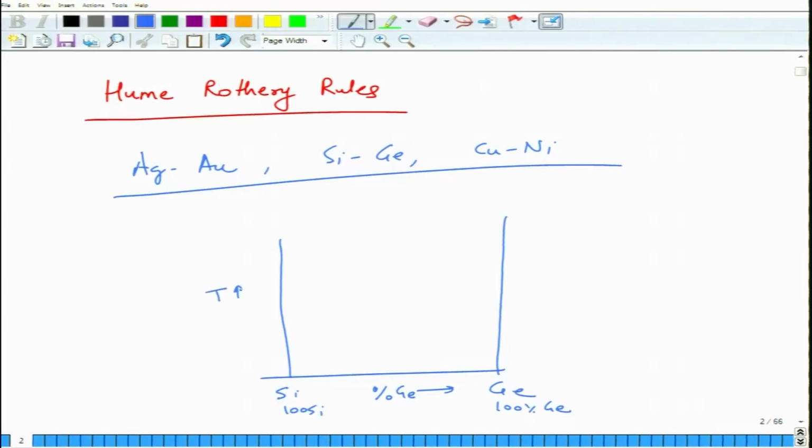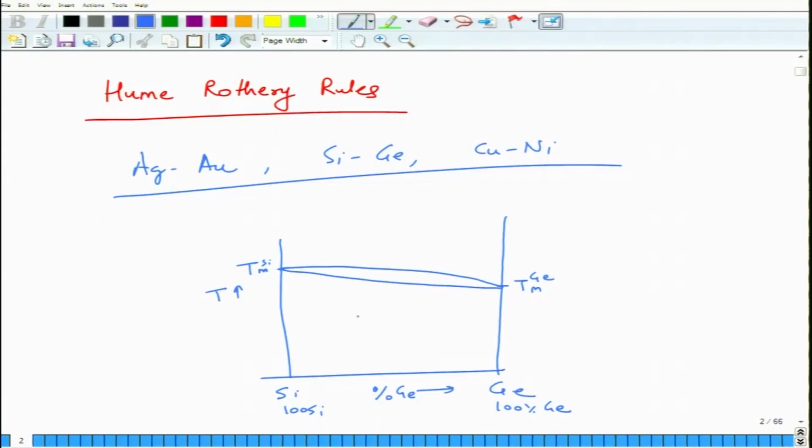Silicon has a melting point, let us say Tm silicon, which is nearly 1400 degrees centigrade. This is the germanium melting point, Tm germanium, and what they form is a structure which is the same all throughout.